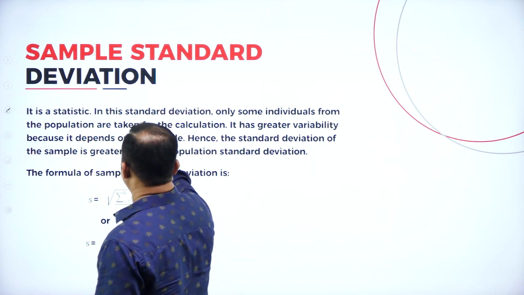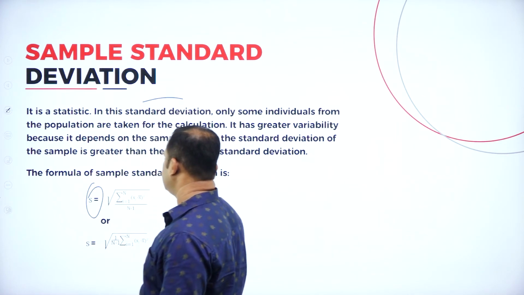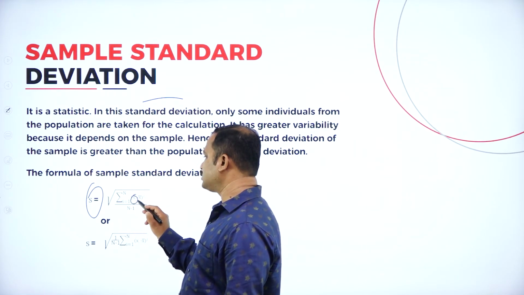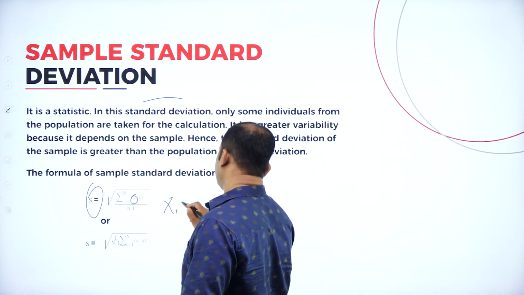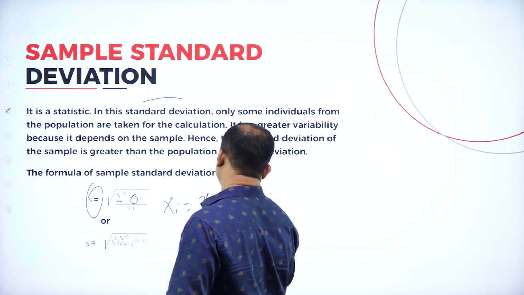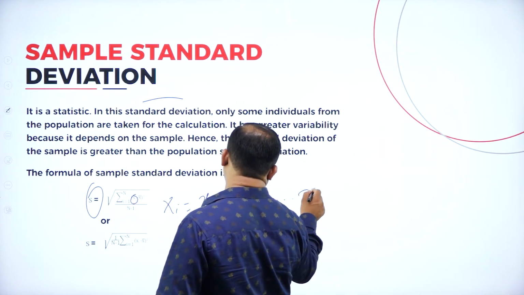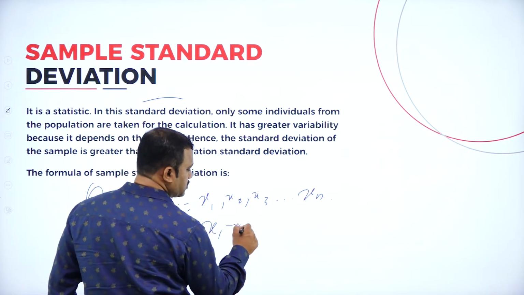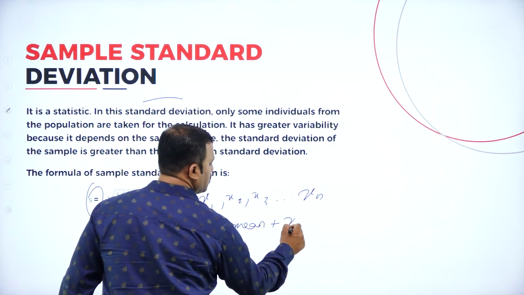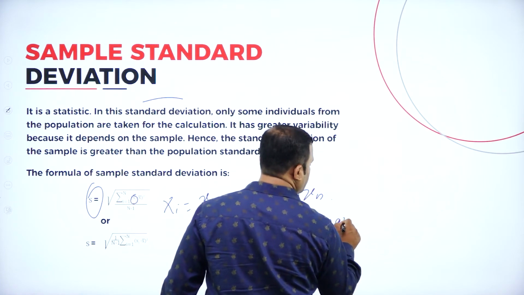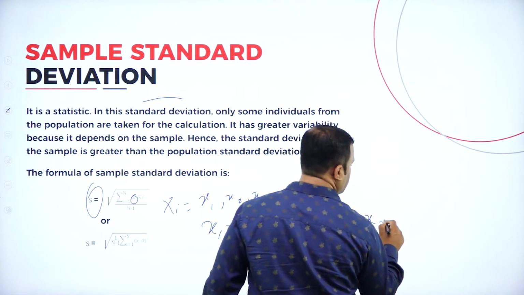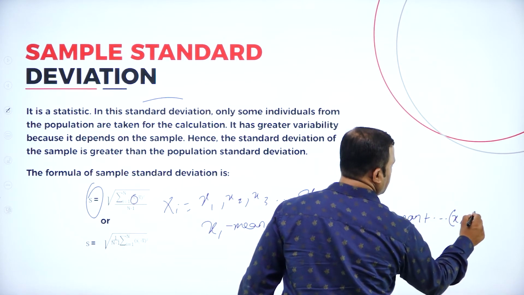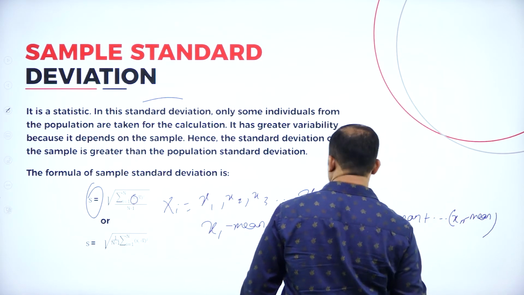Sample standard deviation method. Please observe this, notice xi, where xi is equal to x1, x2, x3, and so on up to xn. For individual observations: x1 minus mean plus x2 minus mean plus x3 minus mean, and so on up to xn minus mean, whole square.